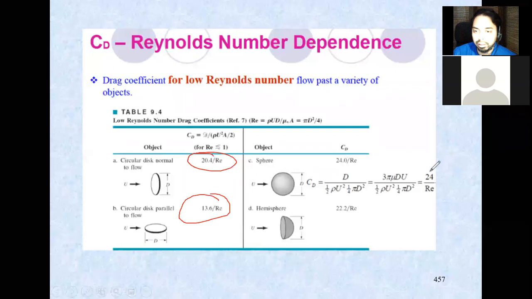For the sphere, it's 24 over Reynolds number. Hemisphere, 22.2 over Reynolds number. So this is for low Reynolds number.